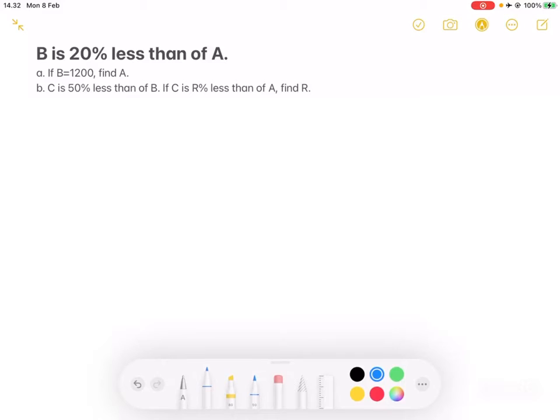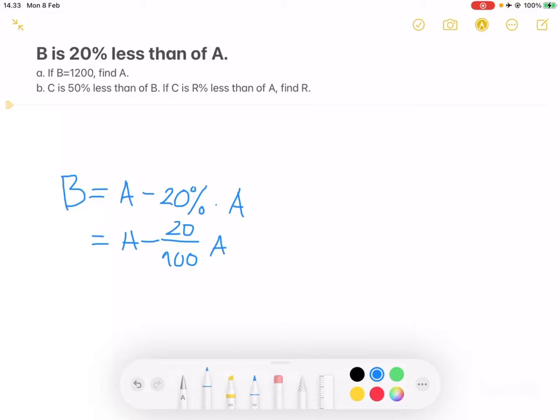So first we can just write down an equation in terms of B and A. Given that B is obtained by decreasing the original value, which is A, by 20%, and the amount of decrease is 20% times A, or you can just simplify this as A minus 20 over 100 of A. And simplifying this further, we can get that B is 4 over 5 times A.